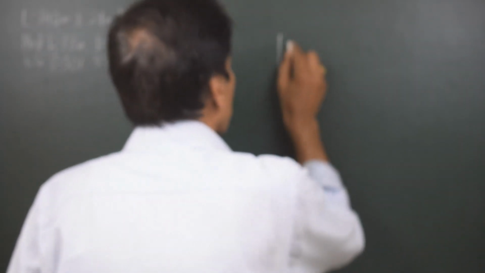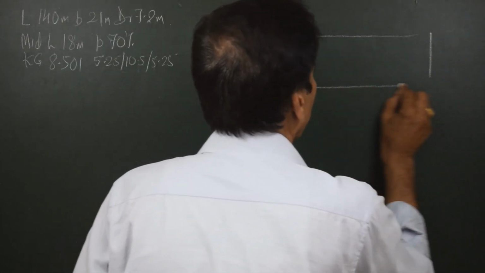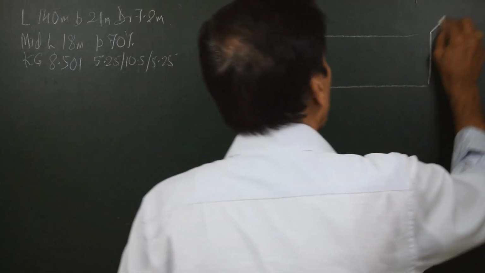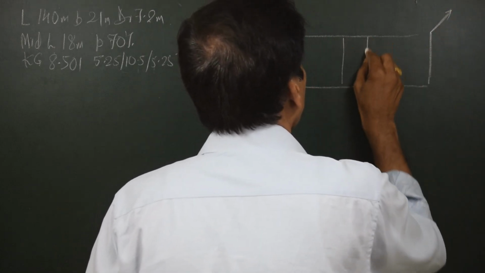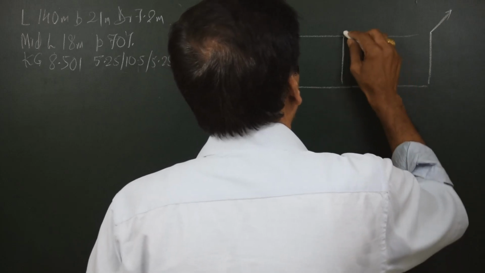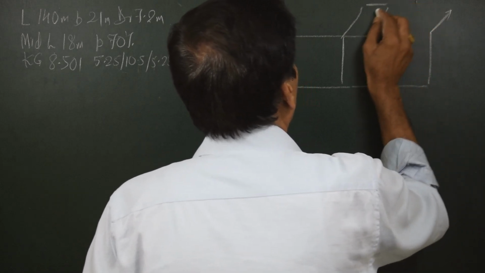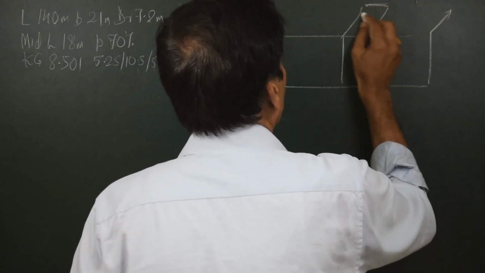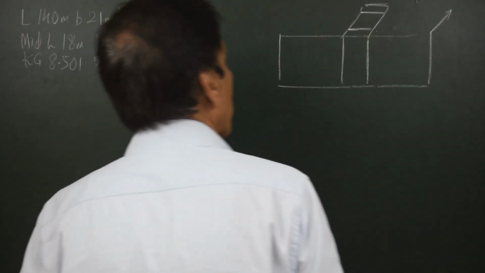So let's draw the vessel as per description. It's 21 meters in breadth, and here is the midship compartment. If I draw this portion in 3 dimensions, it would appear like this.